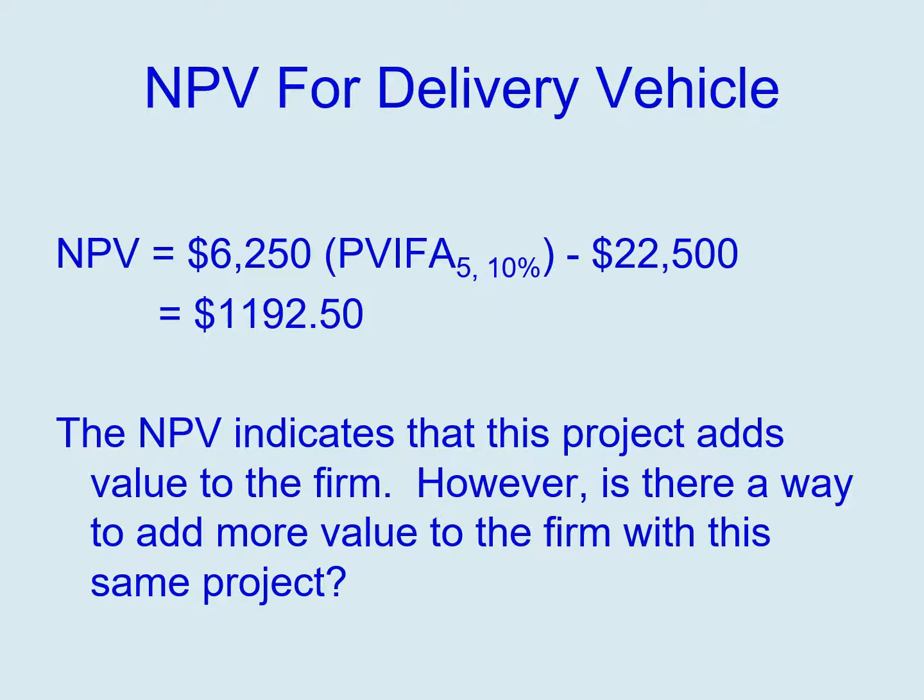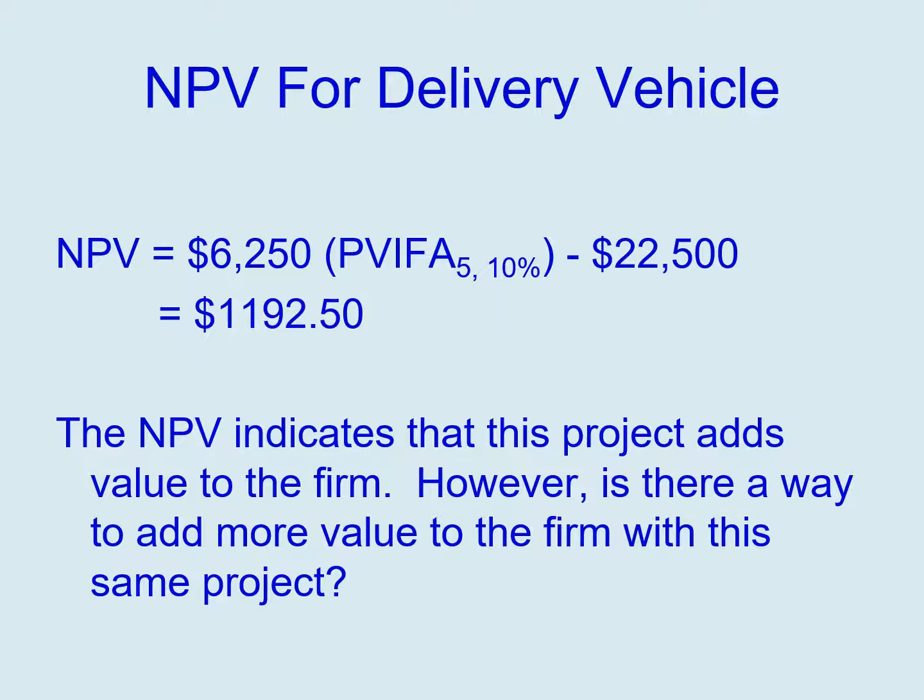So if I have $6,250 coming in every year for 5 years, discounted at 10%, minus my $22,500 investment, I add $1,200 to the value of the firm, which doesn't sound like much, but again, I'm keeping my numbers small. So $1,192. So this would indicate that the project does add value to the firm, and so we should go ahead and do it.